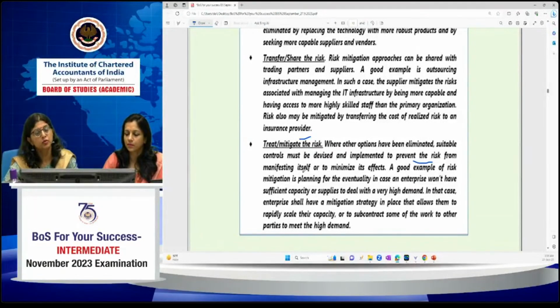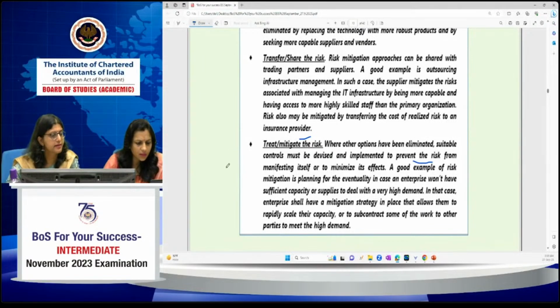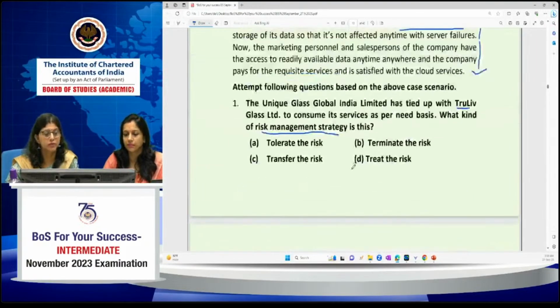We have already looped in a second party, whose services we will fetch and get the delivery done, minimizing the effect of it. So Garanajan has given the right answer. It's treat or mitigate the risk. So the correct option here is option number D.